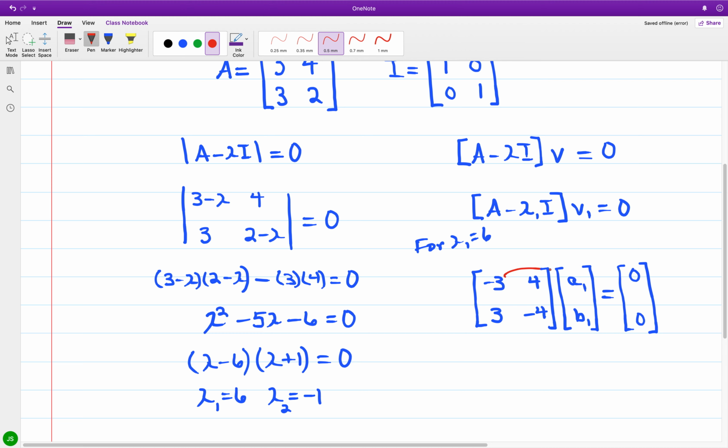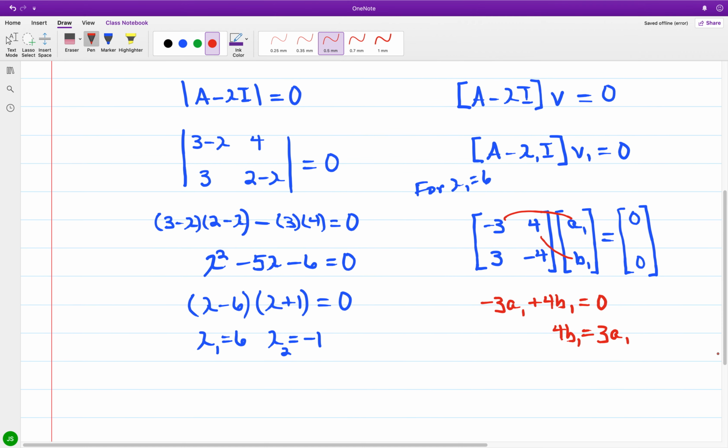Either way will be fine. So let's say we have negative 3a1 plus 4b1 equal to 0. In effect, we have 4 times b1 equal to 3 times a1.